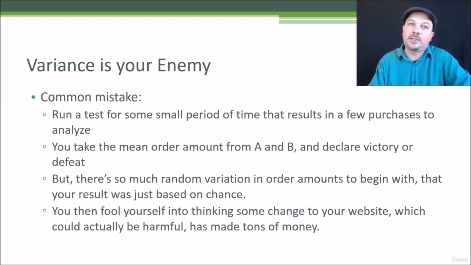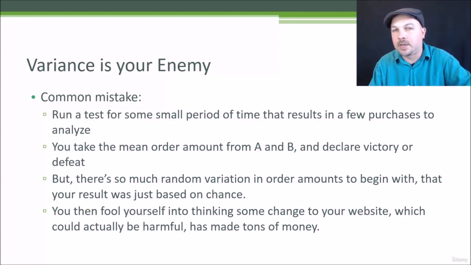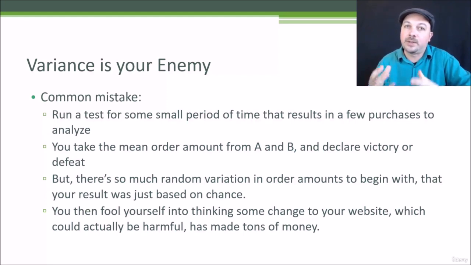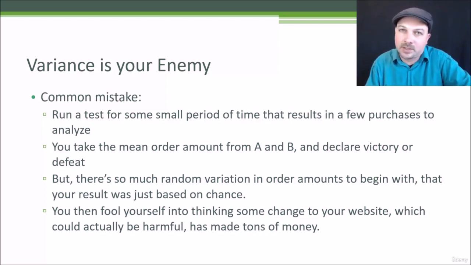So you could very easily end up making the wrong decision that ends up costing your company money in the long run instead of earning your company money if you don't understand the effect of variance on these results. And shortly we'll talk about some principled ways of measuring and accounting for that. And you need to make sure that your business owners understand that this is an important effect that you need to quantify and understand before making business decisions following an A/B test or any experiment that you run on the web.